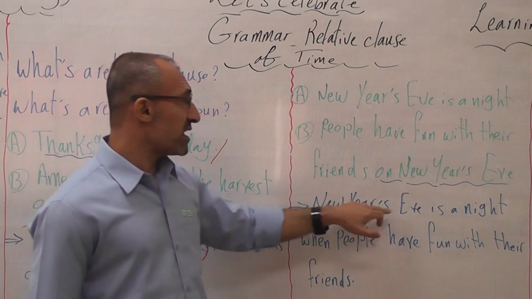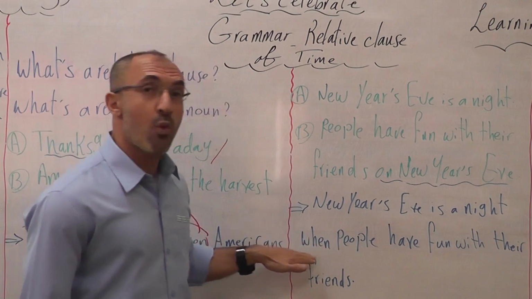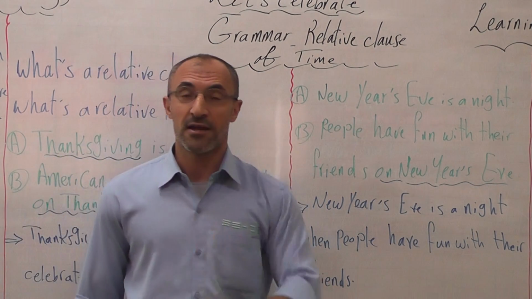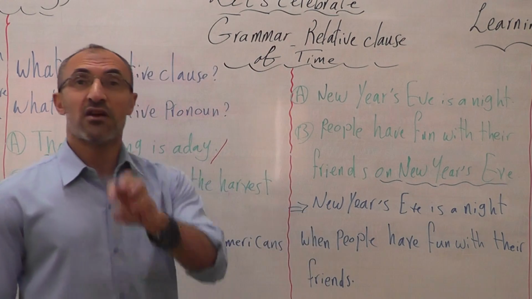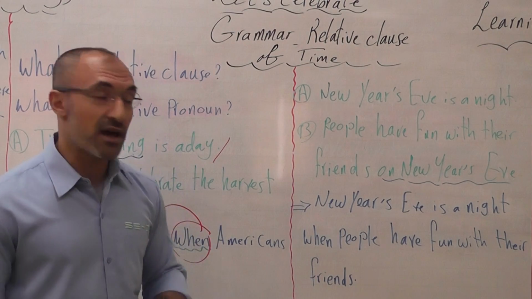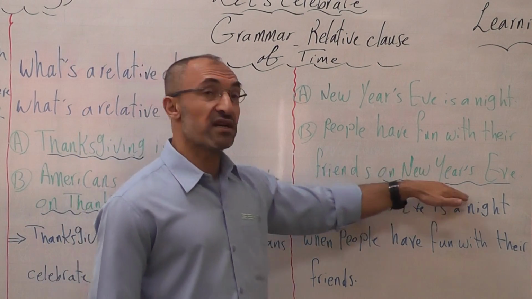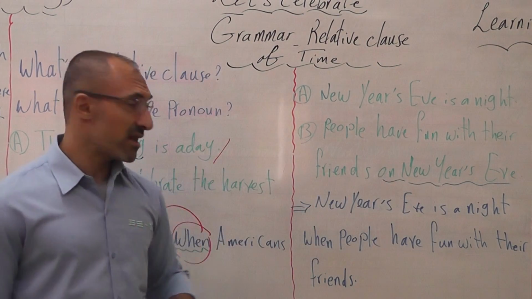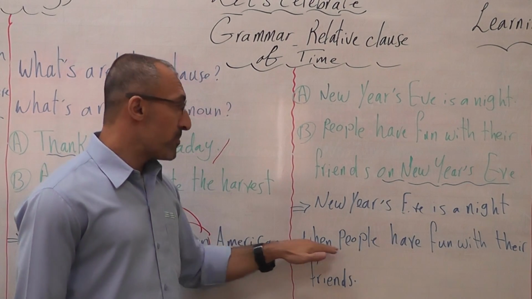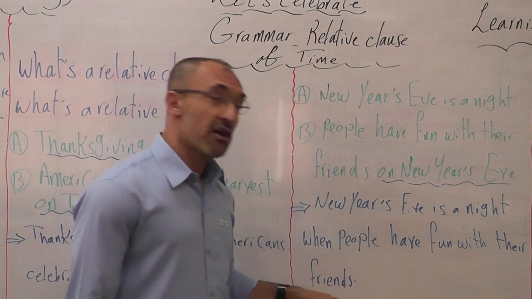So, New Year's Eve is a night when. Then write the second sentence as it is, but take into consideration not repeating that word referring to time, which is "on New Year's Eve." So our new sentence is: New Year's Eve is a night when people have fun with their friends.